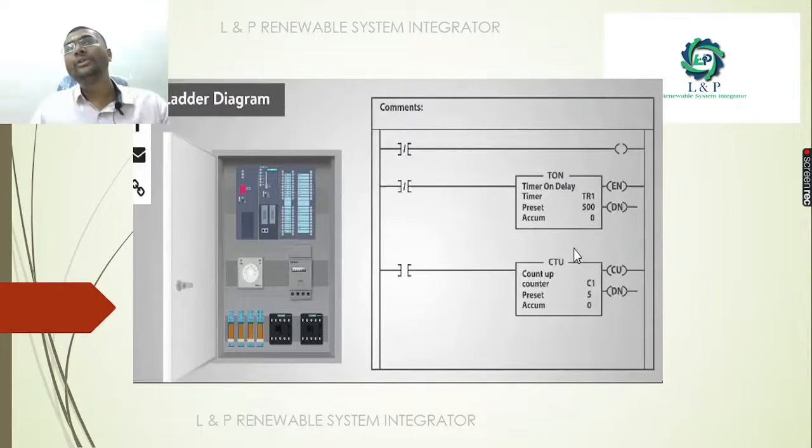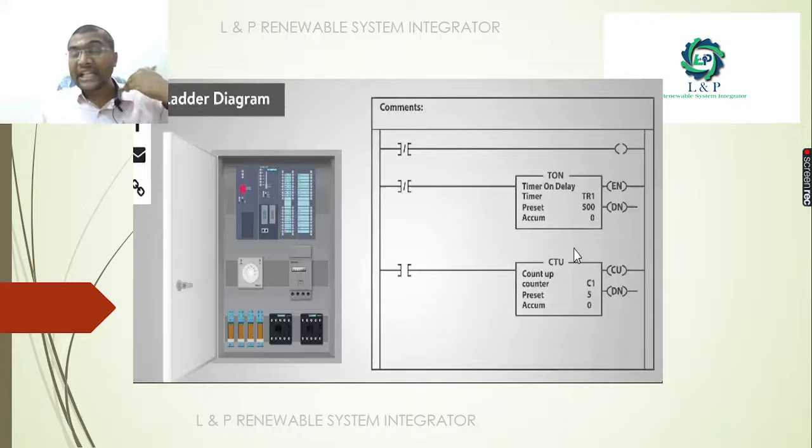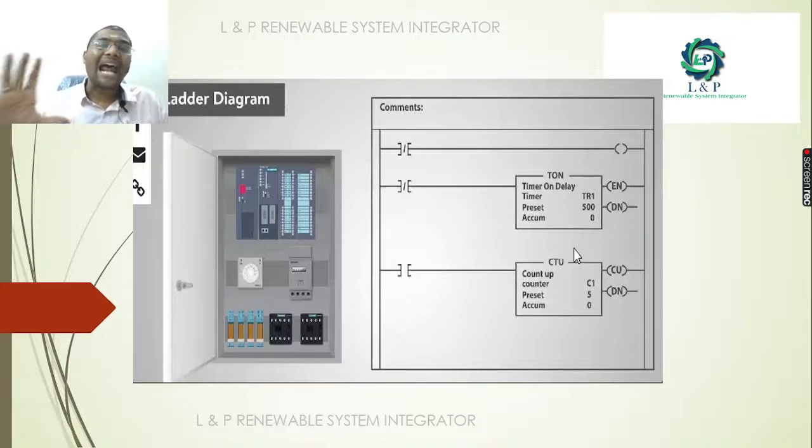Why do we want to use ladder logic, the ladder diagram, and how did it evolve? At the initial stage, for logical controls, relays, manual timers, and manual counters were used. In order to reduce the space inside a control panel and make full utilization of it, they invented the ladder diagram.